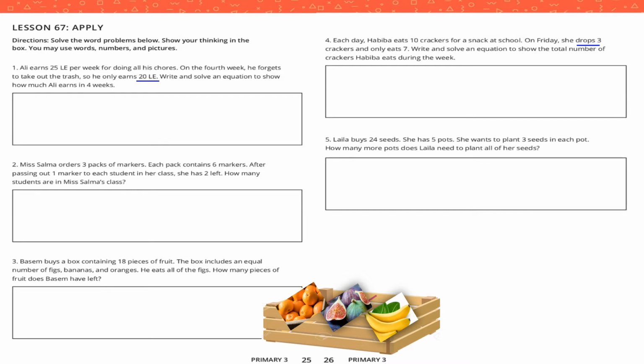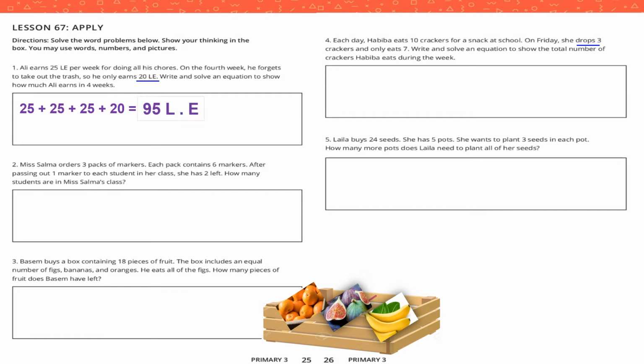In each week he earns 25, but in the 4th week he earns only 20. So in the first week 25, in the second week 25, in the third week 25, but in the 4th week only 20. We want to know how much Ali earns in all 4 weeks, so we will add all of them.